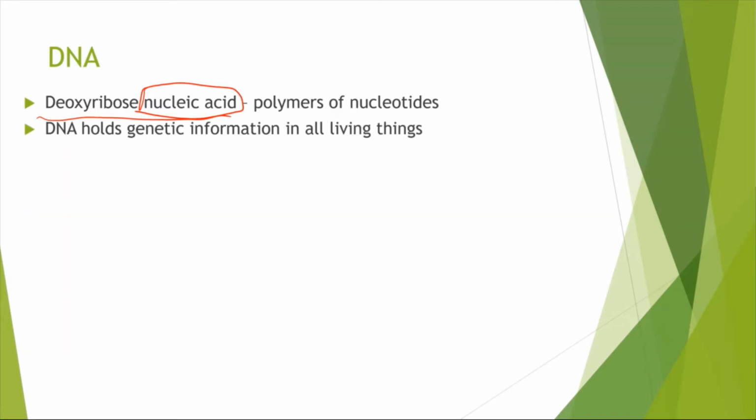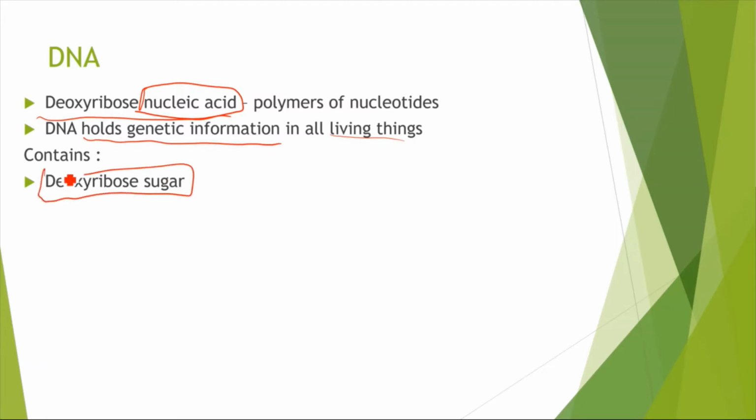DNA holds the genetic information in all living things. All DNA would contain a deoxyribose sugar. Before we mentioned that all nucleotides have a sugar, but DNA in particular would have a deoxyribose sugar. This is why it's called deoxyribose nucleic acid.